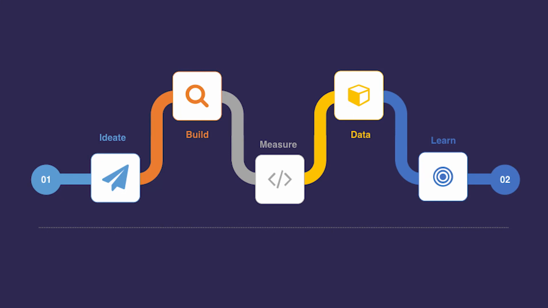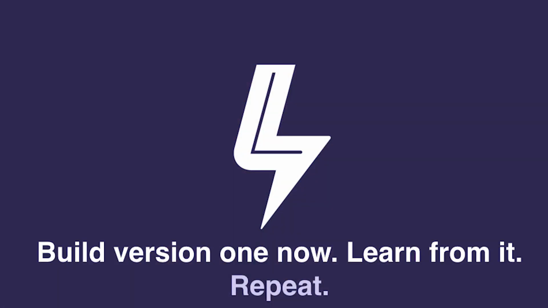This is a cycle that we follow a lot, which we call the build, measure, and learn cycle. We try to ideate about what sort of solution we want to build, and this works very well for a bot because the lead time or the cycle time in this is extremely low. So we try to ideate as to what we want to build the first version as quickly as possible.